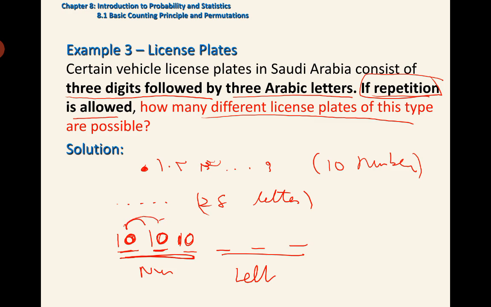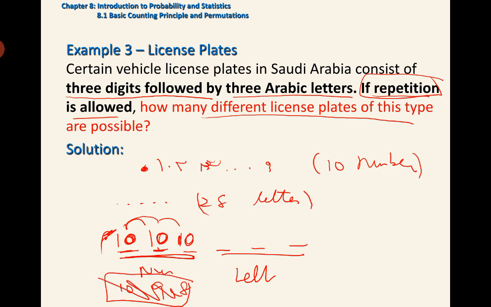If repetition is not allowed, there will be 10 numbers for the first position. If you allocate one number here, the remaining 9 numbers will go to the second place. If you allocate another number to the second place, the remaining 8 numbers will go to the third place. This is when no repetition is allowed.